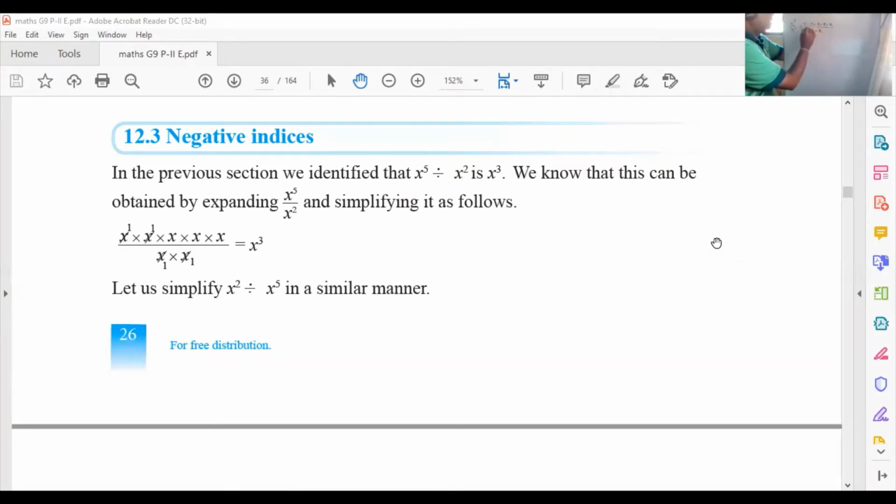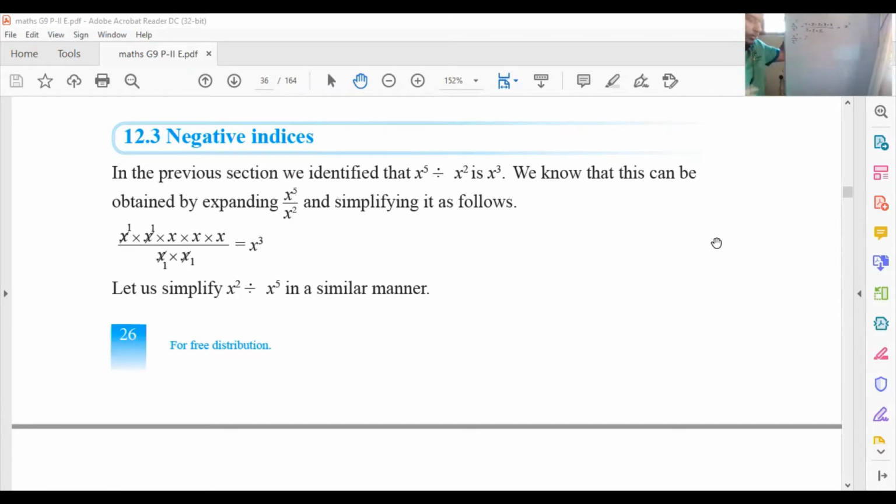Three x's cancel. The answer is x to the power 2. Right? Same way, if you put x to the power 3 upon x to the power 5, what happened? There is a problem.